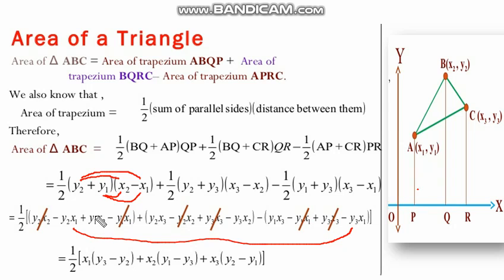Then y1 x2 and minus y3 x2: x2 is common, so take it outside, remaining y1 minus y3. And the remaining terms are y2 x3 and minus y1 x3: x3 is common, so take it outside, remaining y2 minus y1.